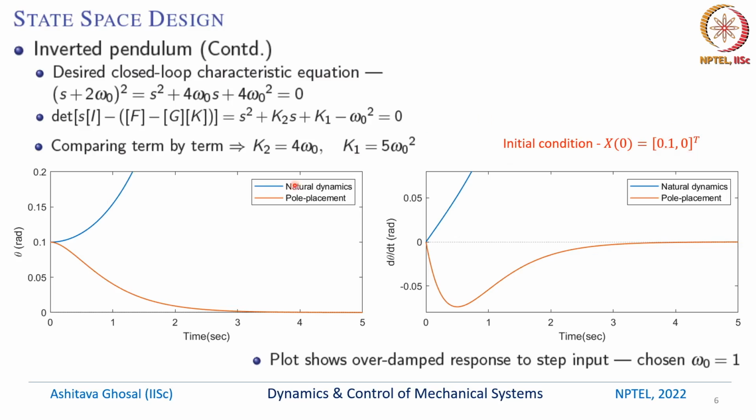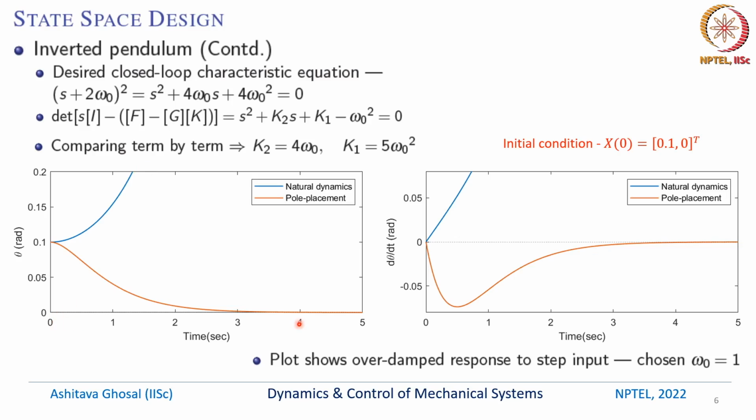If you just give a small perturbation, the natural dynamics of the system is that theta will increase. That is obvious. This is a pendulum which is inverted, and if you perturb it a little bit from the vertical, the angle theta, which is measured from the vertical, will keep on increasing. And this blue curve shows that perturbed theta.